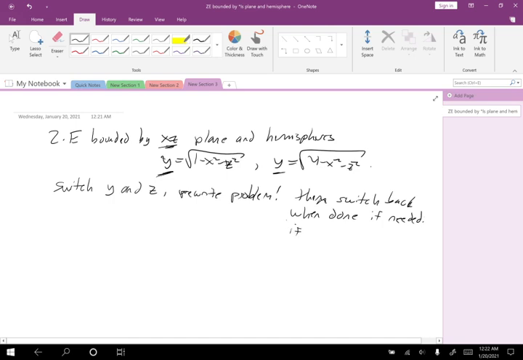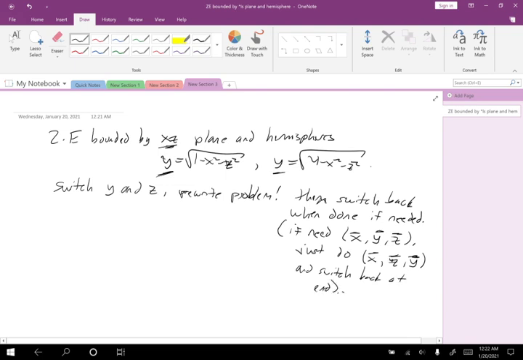So for example, if you need the centroids or center of masses, just do it for the switch, and then just plug those numbers in and switch back at the end. There's no need to make life more complicated by trying to visualize things in the wrong plane. It's just hard to visualize as is.